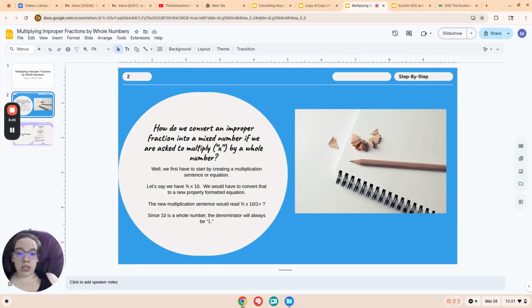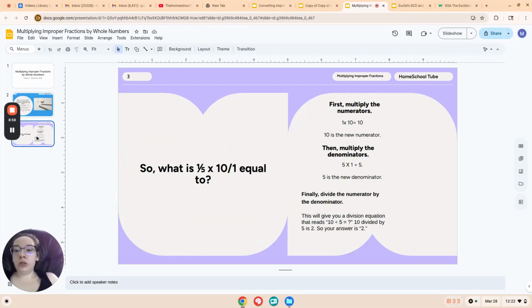The new multiplication sentence would read 1/5 times 10/1 equals what? Since 10 is a whole number, the denominator will always be 1. Okay, page 3. So what is 1/5 times 10/1 equal to?